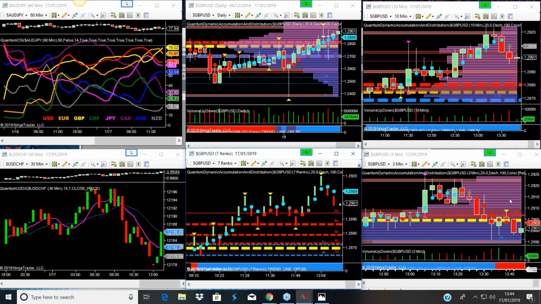This is a 24-hour market, but not all pairs move equally in this 24-hour cycle. Some currencies are more active than others at different times of the trading day. You need to find out what they are, and there's lots of resources where you can do that. So you refine and put together the pairs that you would like to trade.